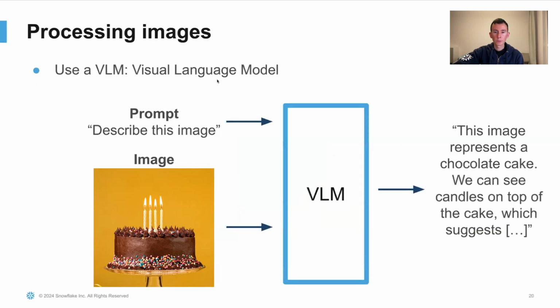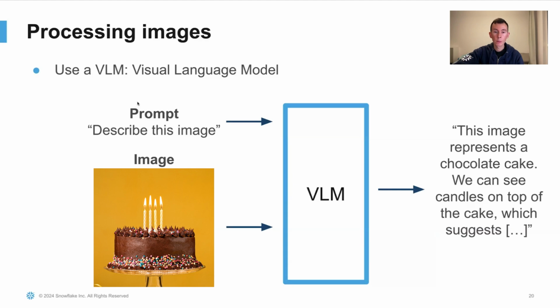So what we did was to use a VLM. A VLM is a visual language model, and it is very similar to an LLM. In an LLM, you give a text as input, and you receive a text as output. For a VLM, you give as input a prompt, for example, describe this image, and you also give an image as input.